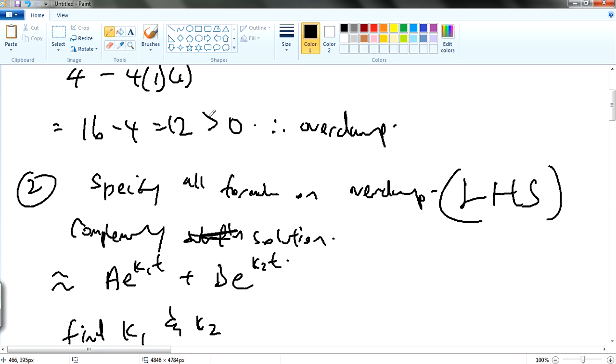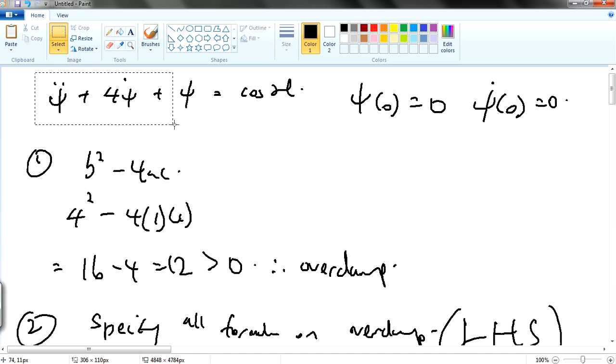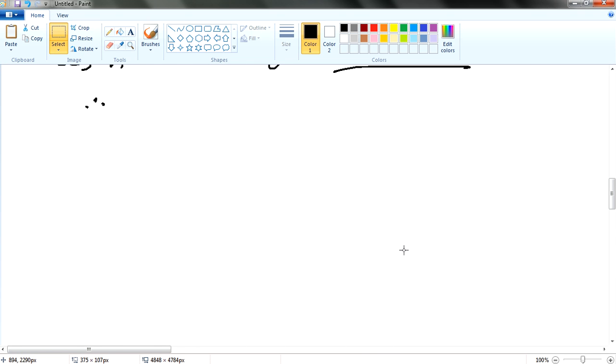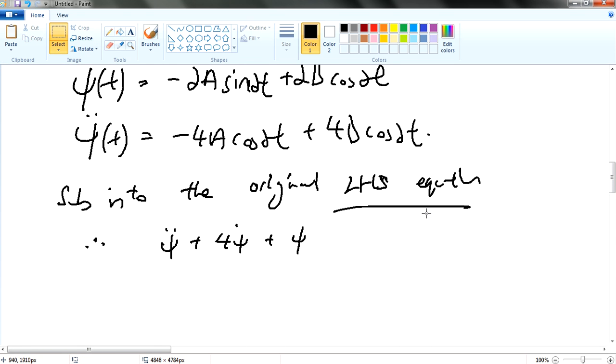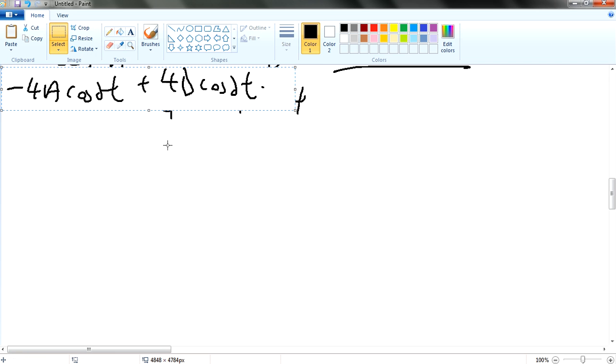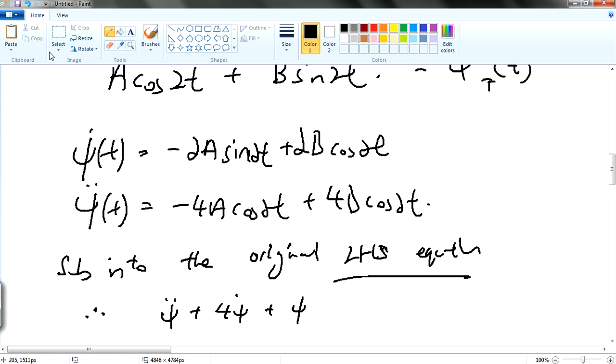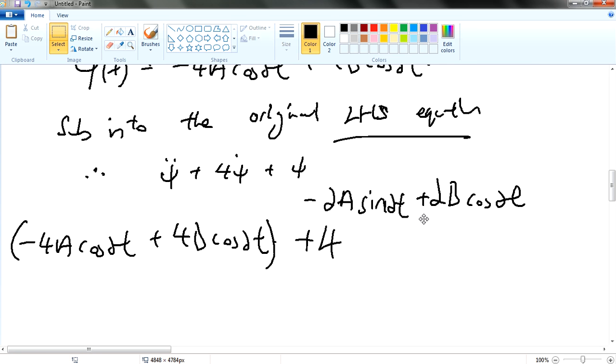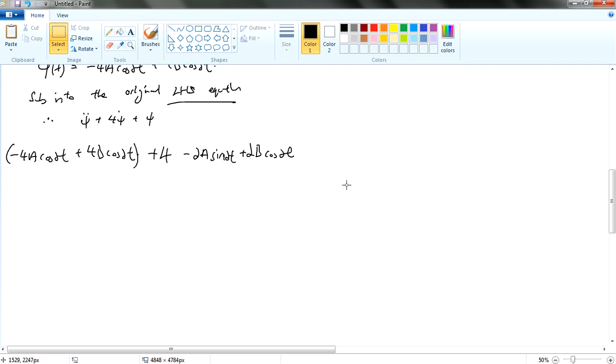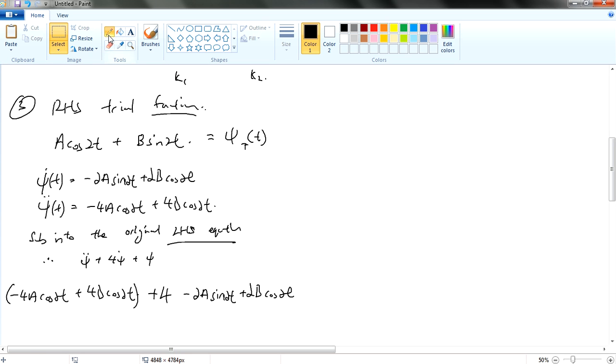Therefore, we have the left hand side equation being this. Okay, so when you substitute it in, you have this, plus 4 times this. I hope you get what I mean.